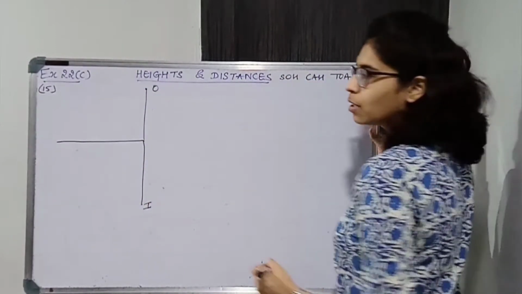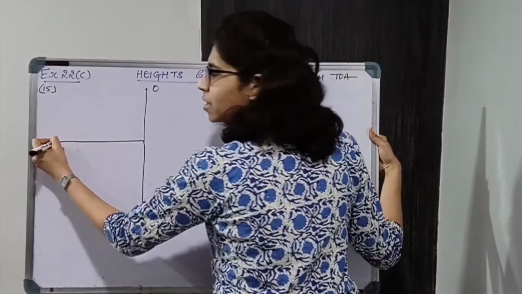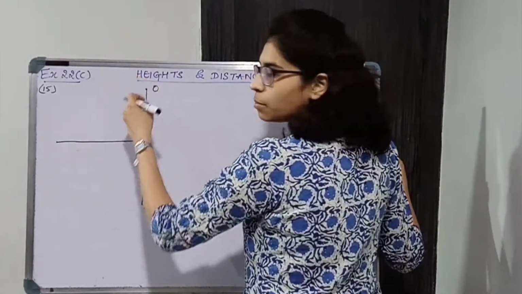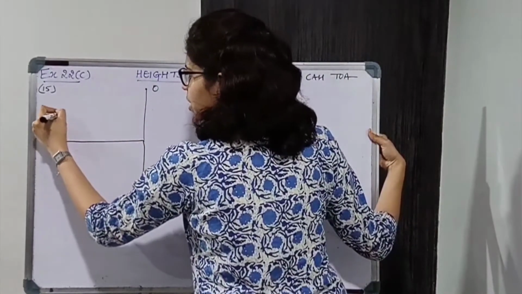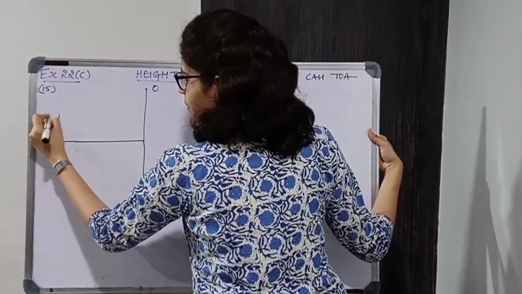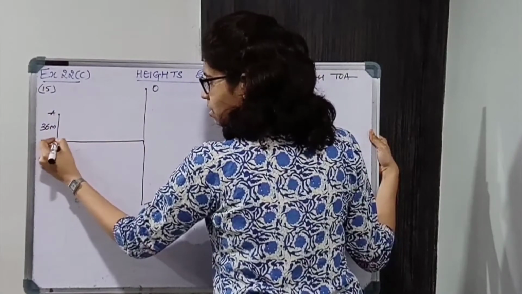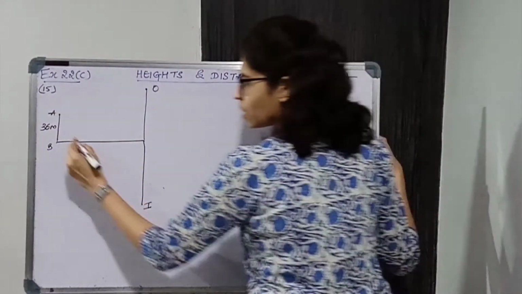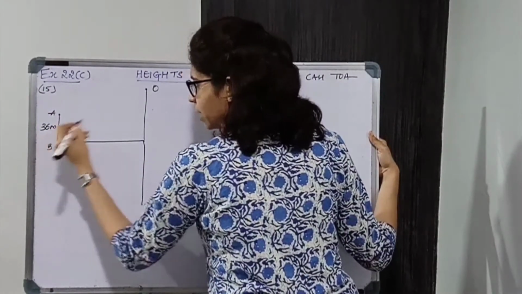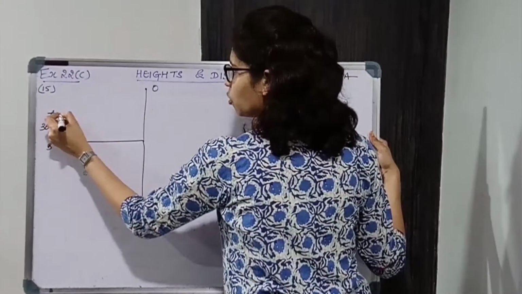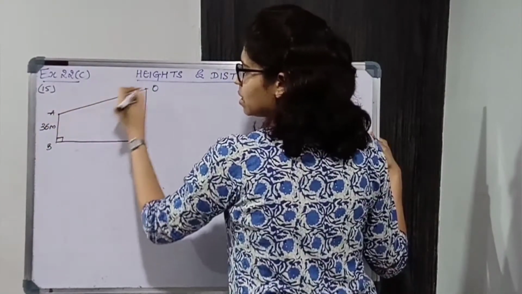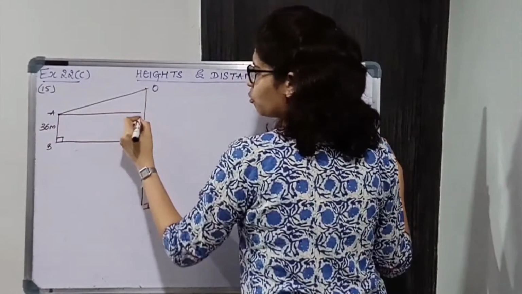Now from a point 36 meter above the lake, you are observing the bird. So 36 meter above point A. So let AB be the distance 36 meter above. So this is vertical, this is horizontal, 90 degrees hai. Now you're observing the bird. This is line of sight. You have to draw horizontal.